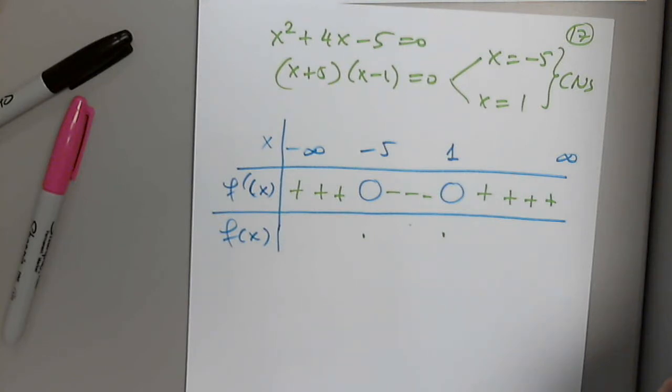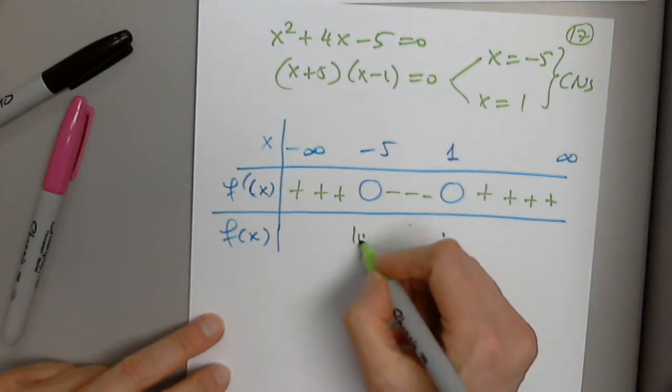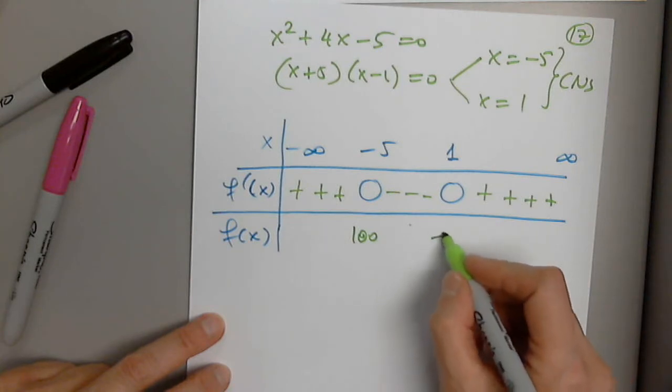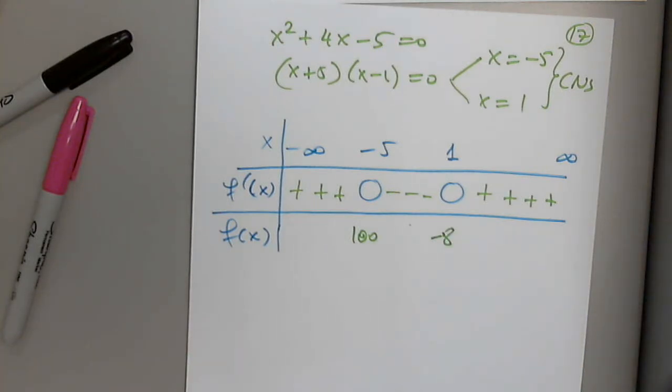Okay. And I wanted -5 and I wanted 1. So at -5 it is 100 and at 1 it is -8. Okay, coming back.